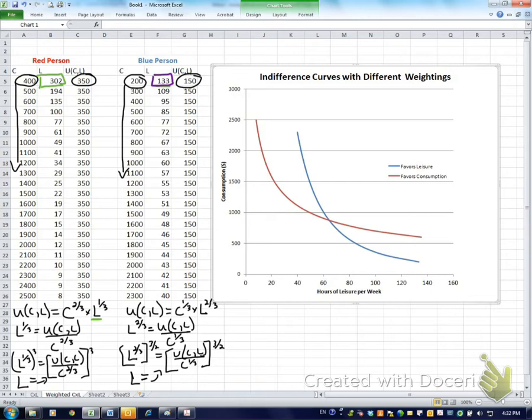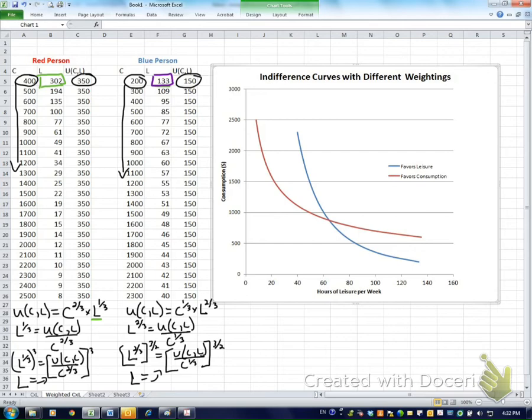And as you can see, the slope of the indifference curve for the person who favors consumption, even though it looks pretty steep up in this area, it's actually flatter in most places than the indifference curve for the person who favors leisure.